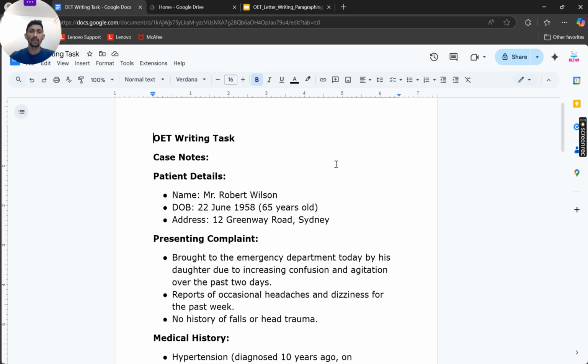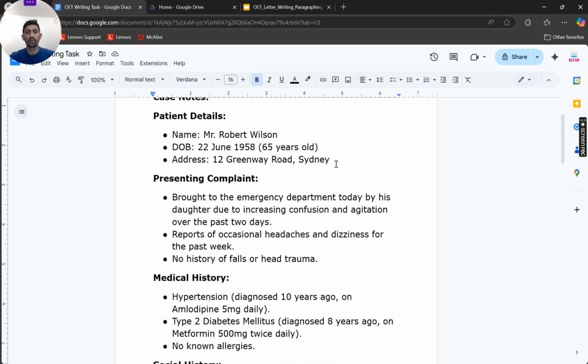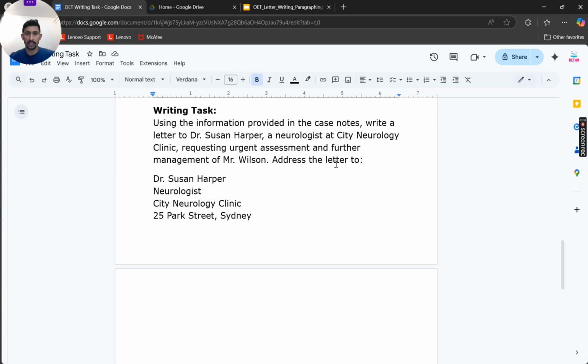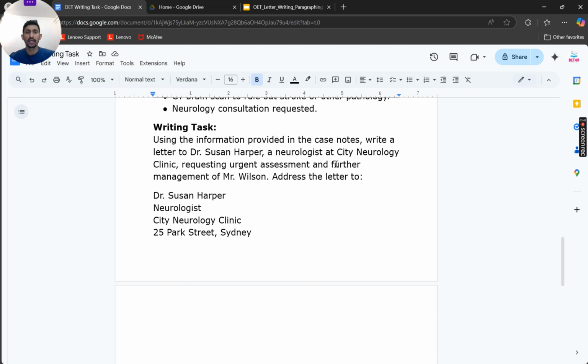As soon as you get the question paper or the case note, you look at to whom you are writing. You can usually see that at the end of the case note, in the writing task. Using the information provided in the case notes, write a letter to Dr. Susan Harper, a neurologist at City Neurology Clinic, requesting urgent assessment and further management of Mr. Wilson.